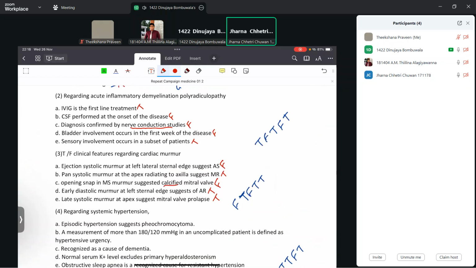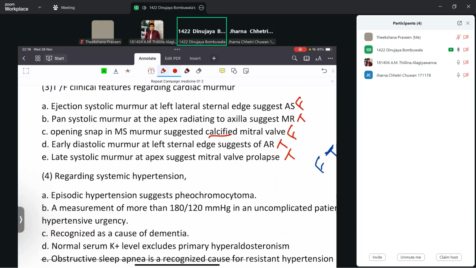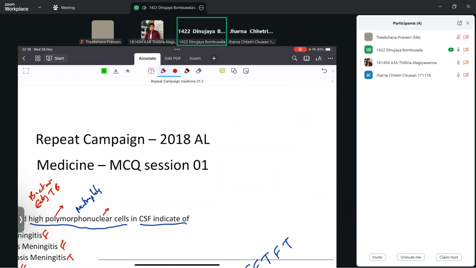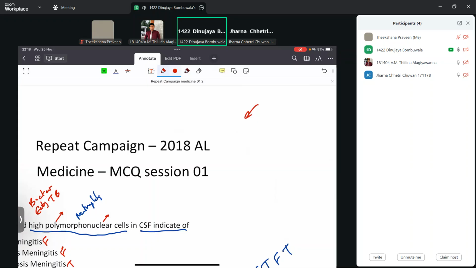Okay. So hypertension, again common, again long case, again we get questions in MCQs, SBAs as well. The main things we need to know about are the essential hypertension management, the drugs and side effects, and then about secondary hypertension, the causes, and how we are going to investigate and manage those things.